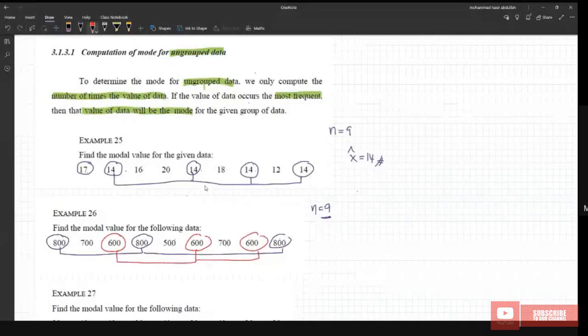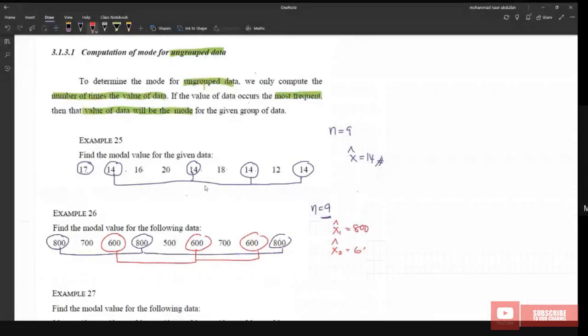So now we have two modes. Mode number 1 is equal to 800 and mode number 2 is equal to 600. Right? So this is going to be very easy.